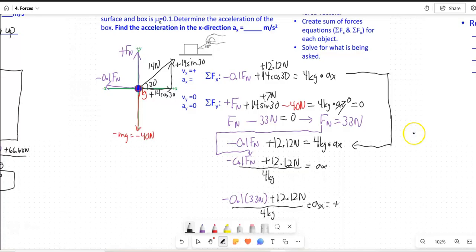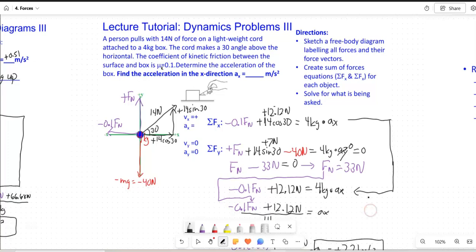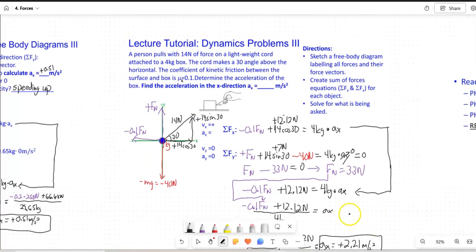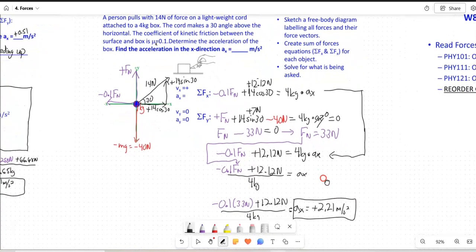That's 2.21 meters per second squared. Okay, now we know what that is, so that is what we're being asked to solve for. That's going to be a positive 2.21.